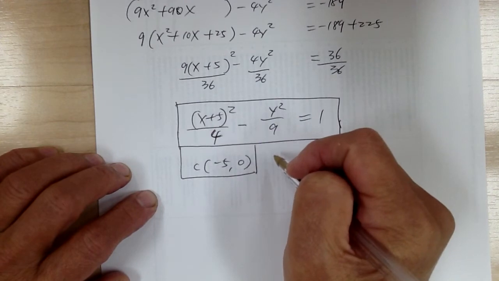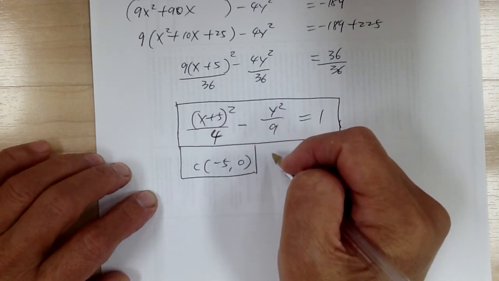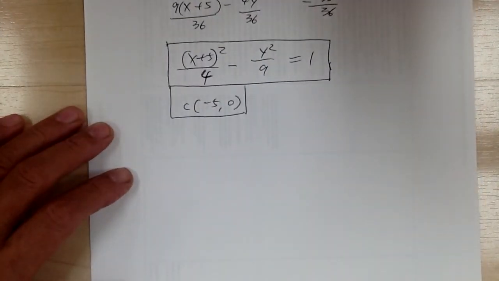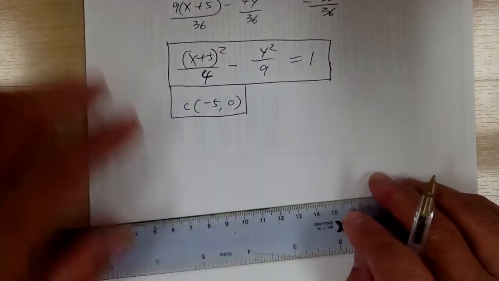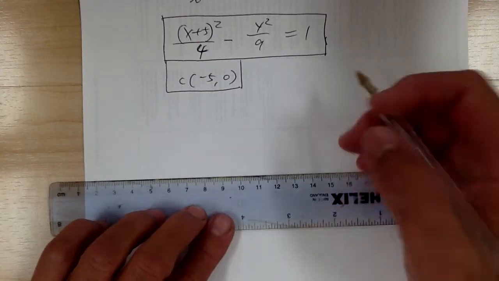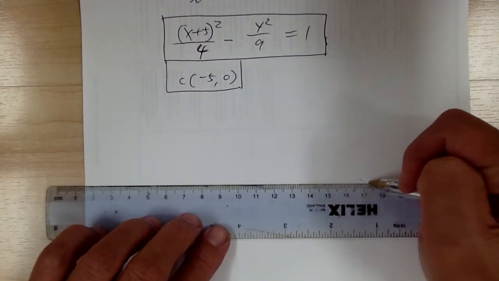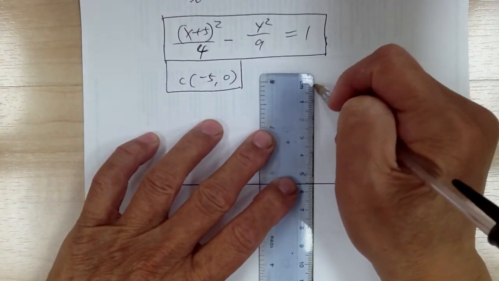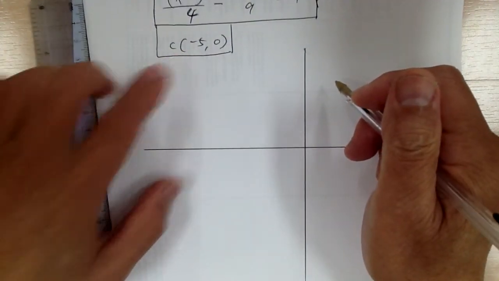And next one, you need to find the vertices and foci and draw all that stuff. Okay, so center is at -5, 0.